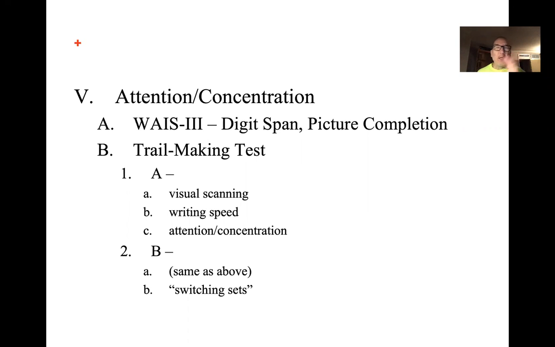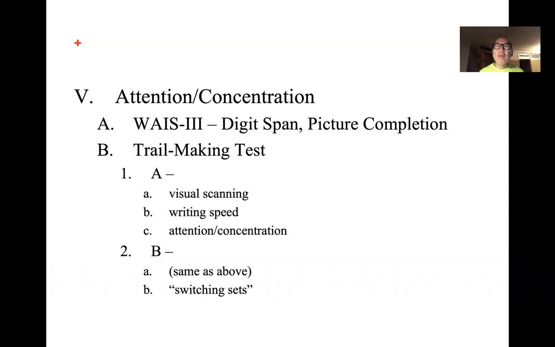Kind of like the scanner on your computer, or on your phone, that ability to immediately focus and take in sensory information. Concentration refers to your ability to, once you got that information, work with it, even in the most minimal manner. Can you take that information and attend and work with it in some way, even in the simplest of tasks?